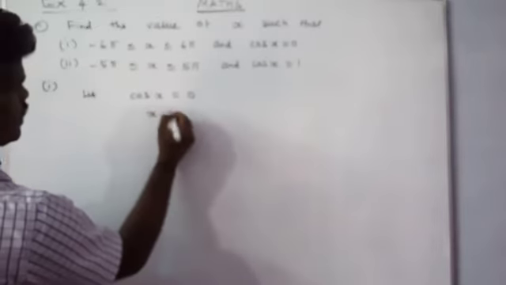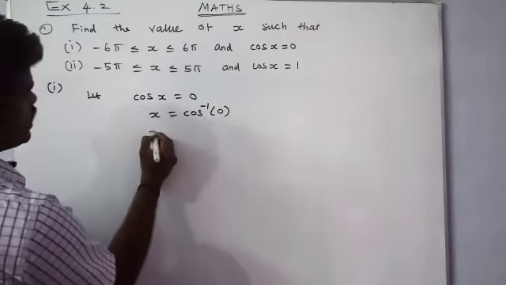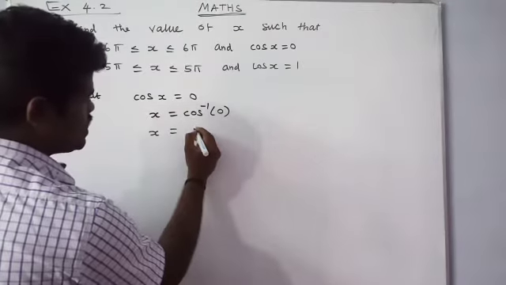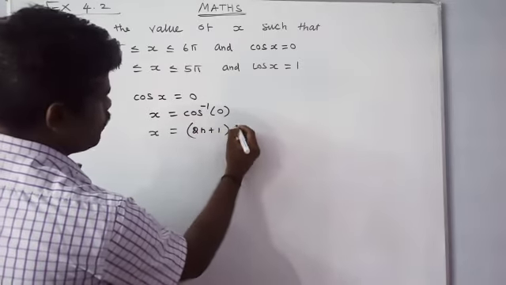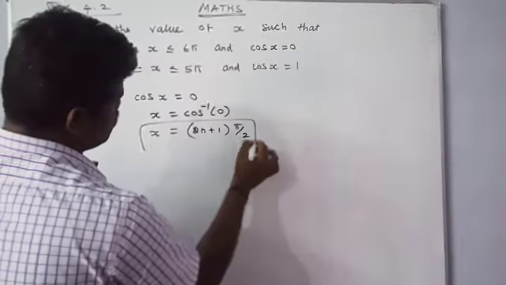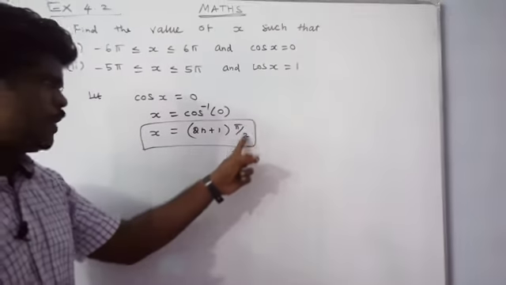Now x is equal to cos inverse of 0. The general form is there, 2n plus 1 pi by 2. This is the general form of cos inverse of 0, 2n plus 1 pi by 2.